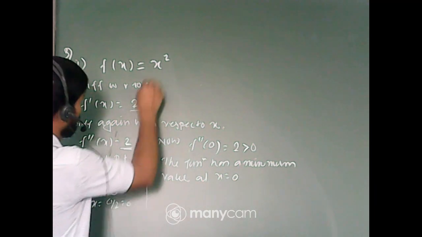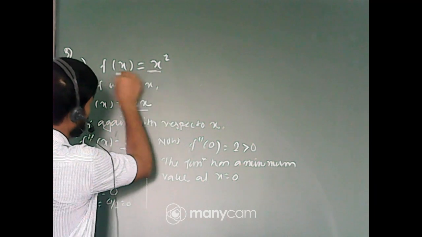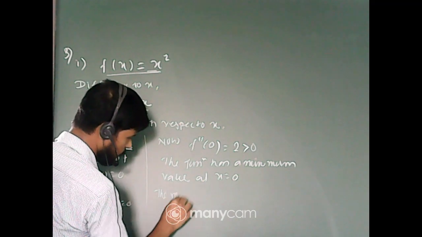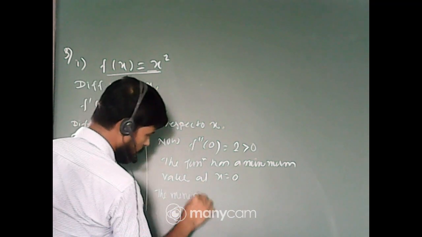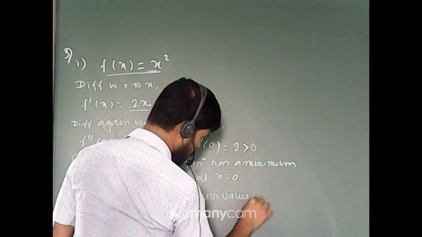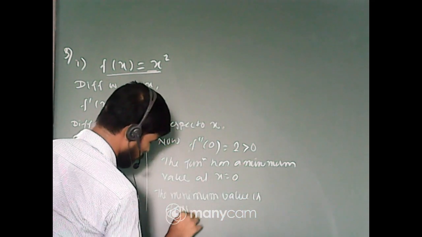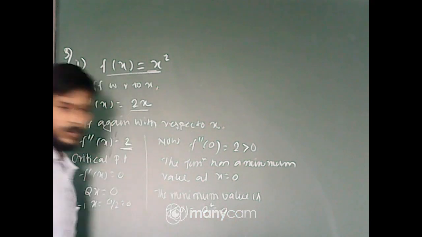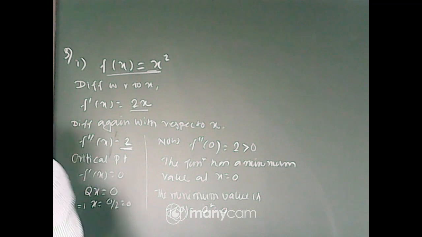Put x equal to 0 in the given equation. The minimum value is f of 0, which is equal to 0 square, that is 0. So 0 is the minimum value of the function. Okay, tell me, have you understood or not?